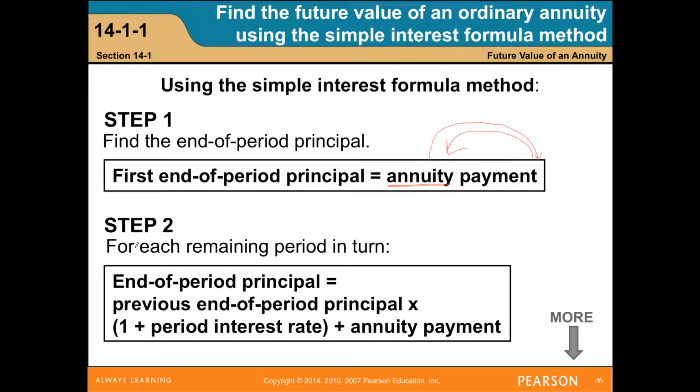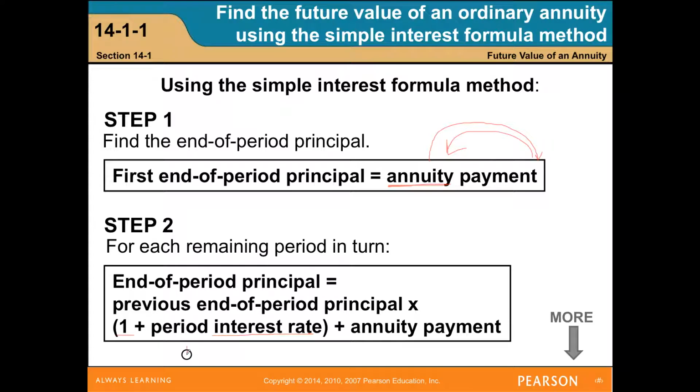So for step 2, for each remaining period in turn, end of period principal equals previous end of period principal times 1 plus period interest rate plus annuity payment. And in many of the chapters reflecting back, we always see that whenever you have interest rate in parentheses, there's usually a 1 plus. The reason is that's how you increase by a certain percentage.